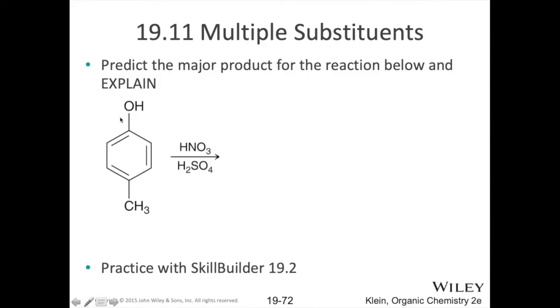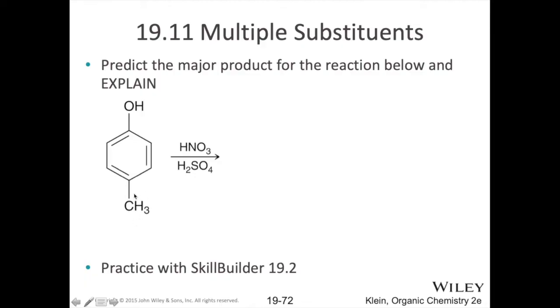Those lone pairs can be pushed towards that ring, and you have an inductive effect. And of course, as we established already, that alkyl group, that methyl group, is going to be an activating group as well. Now here we have a conflict, right? Because that alcohol group will want your incoming nitro group to show up at that ortho position, right?